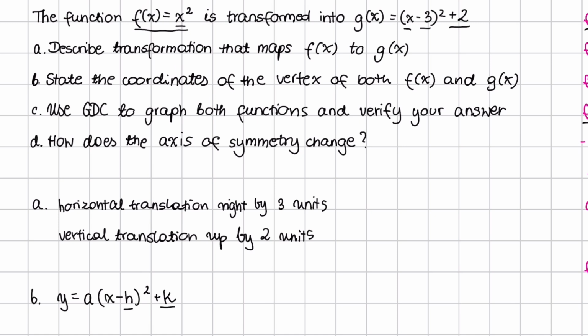You can also graph g of x, however, from this vertex form, you can observe that our vertex, so here h is 3, and here k is 2, so 3 and 2. Also, you can graph it to be completely sure.